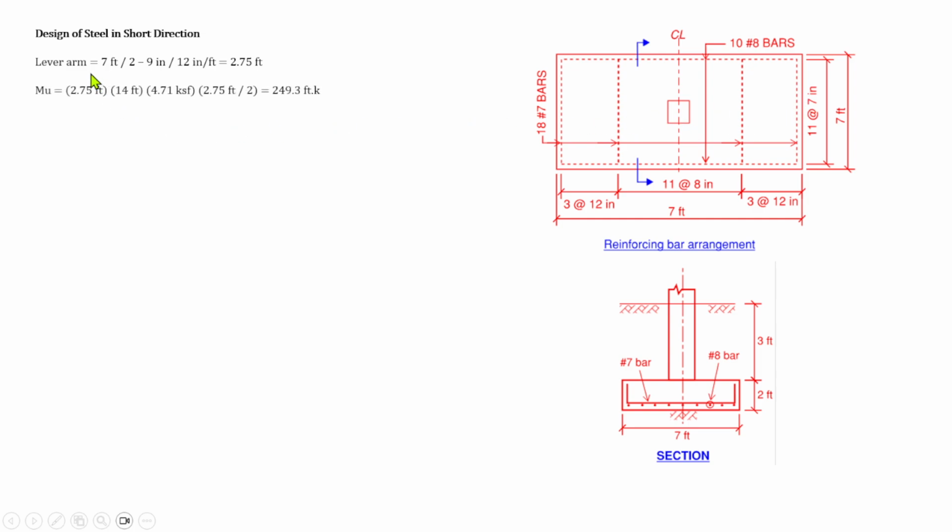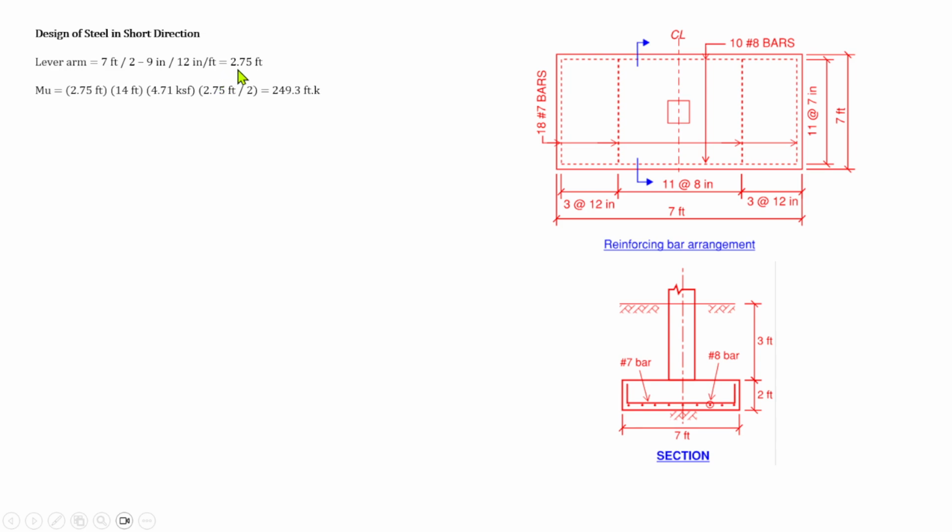The next one is to calculate the lever arm and the steel in the short direction, which means the reinforcement is going in that direction. So mu is equal to 2.75, from the face of the column to the outside of the footing. So we have 7 divided by 2, that is 4.5, minus 9 inches divided by 12, that is the half of the column.